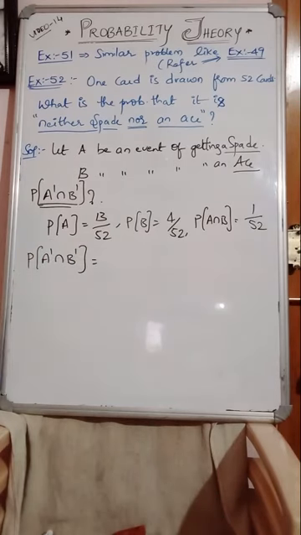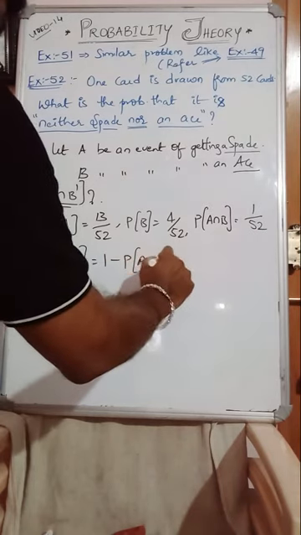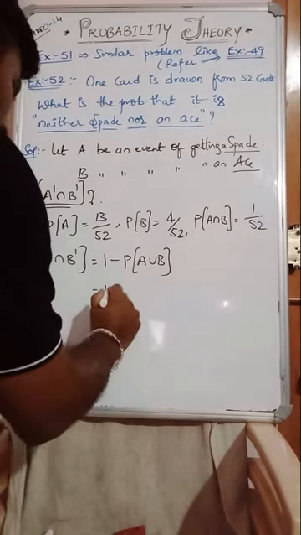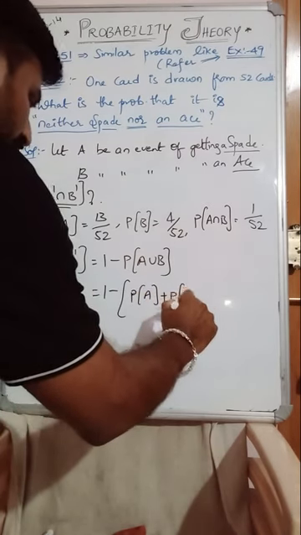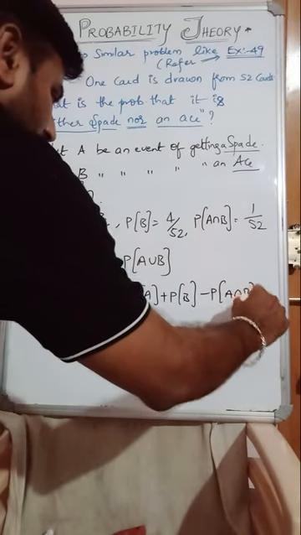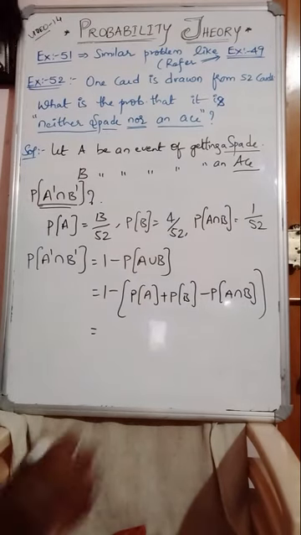So P of A dash intersection B dash means 1 minus P of A union B. So 1 minus P of A union B means P of A plus P of B minus P of A intersection B, because A and B are non-mutually exclusive.